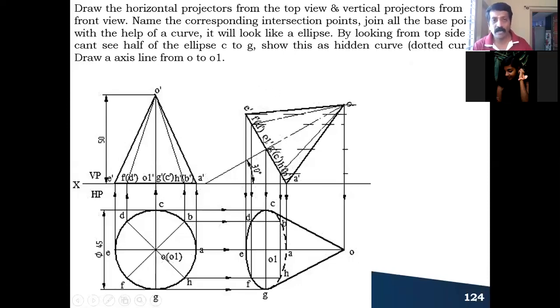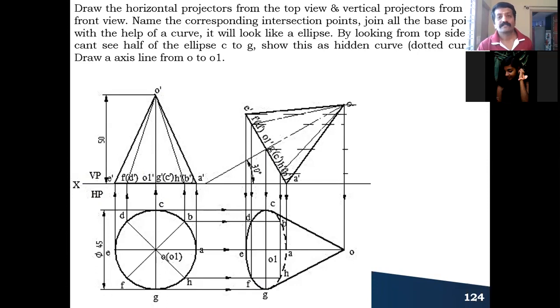Since you are looking from here, the first half of the ellipse you can see, that is E dash, F dash, G dash, D and C. This particular portion of the half of the ellipse you cannot see, so you make it a hidden edge. At the end, no need to join any edge or line here.